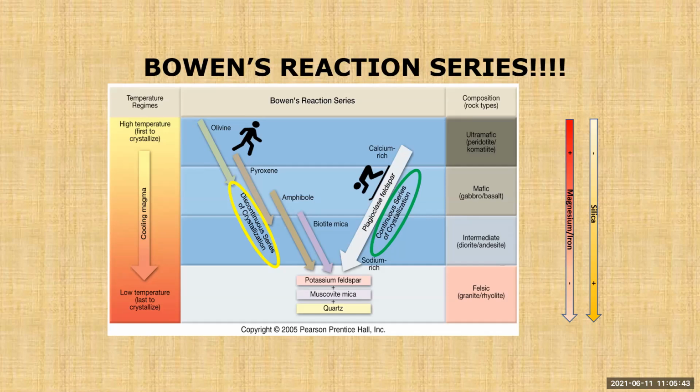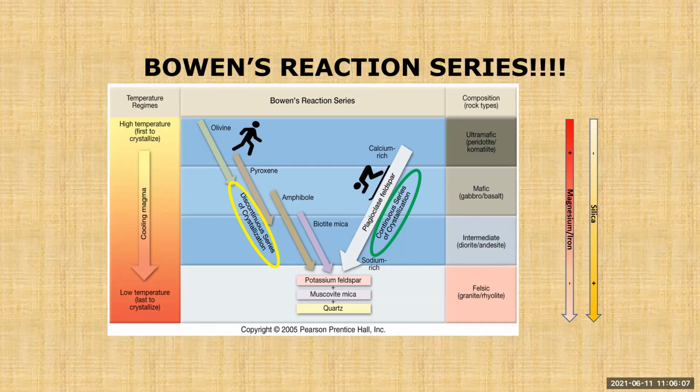That's in contrast to plagioclase feldspar, which is on the continuous series of crystallization. Plagioclase feldspar includes a whole bunch of different types of minerals. Those plagioclase feldspar minerals that crystallize at a high temperature are going to be very rich in calcium.